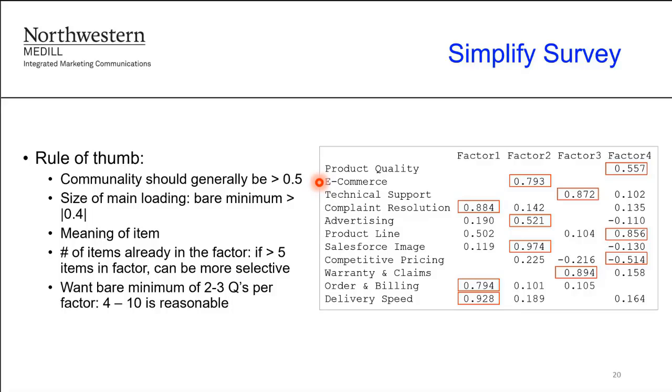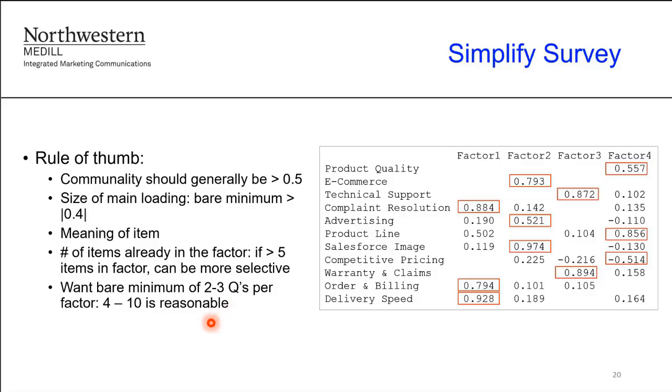There's no right example for this one because the number of items for factor 1 is 3 and the number of items for factor 2 is 3. So there are no factors whose number of items is over 5 here. But again, if the number of items in the factor is over 5, you can be more selective, okay?